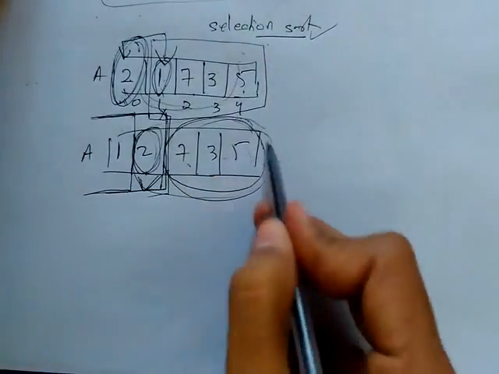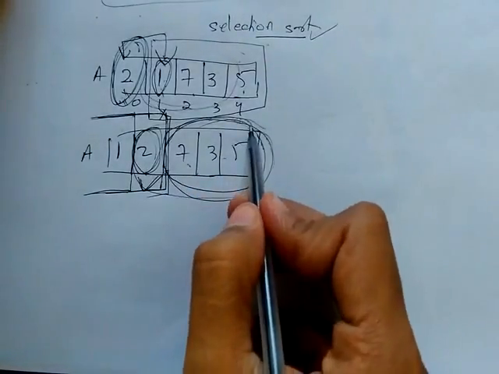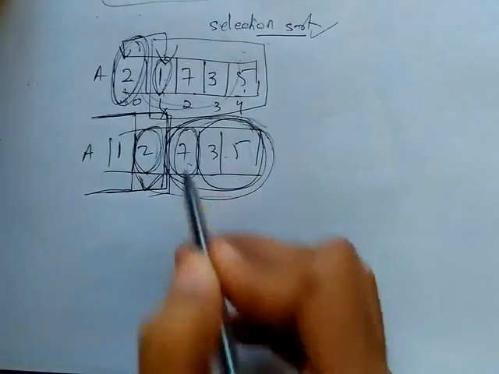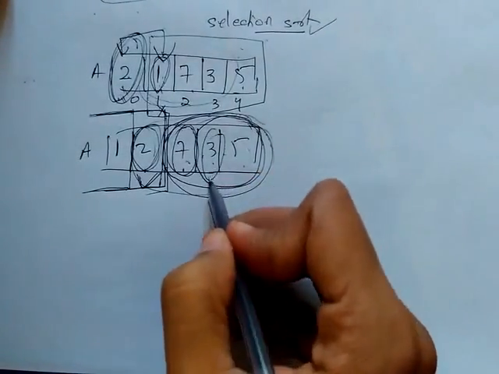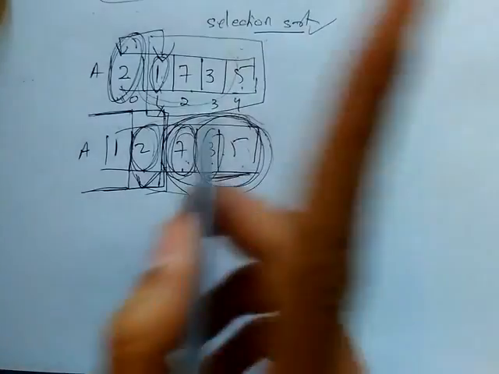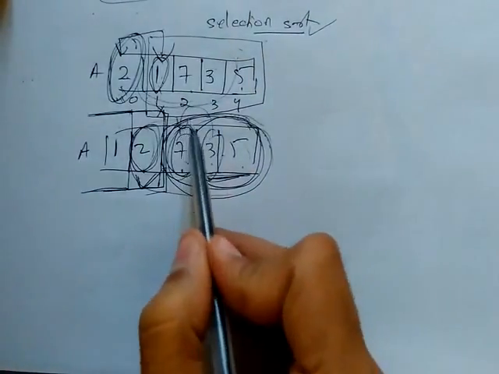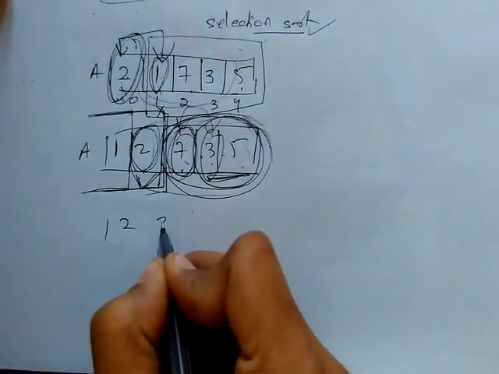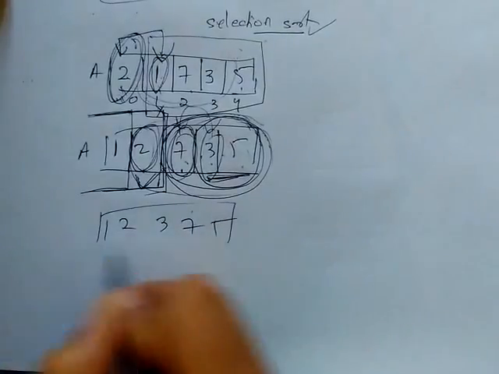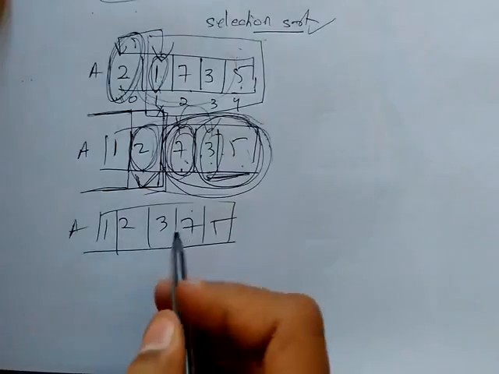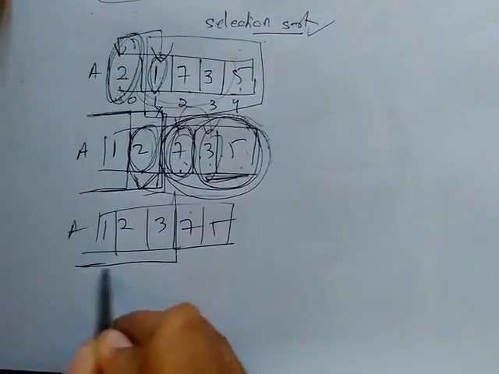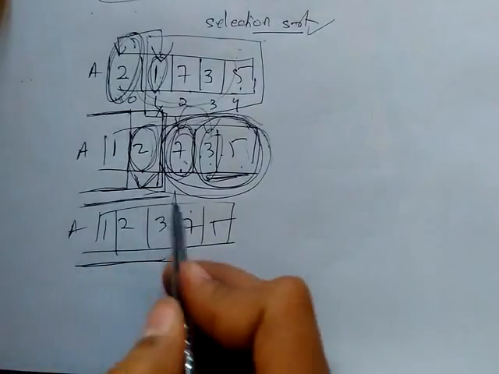Now I will consider this part and this subarray with respect to this element. Now 7 and 3, 5. 3 is the minimum of this subarray and 7 is not in its correct position, so we will swap these two. So 1, 2, 3, 7 and 5. And at the last we can again see that up to this the array is sorted.